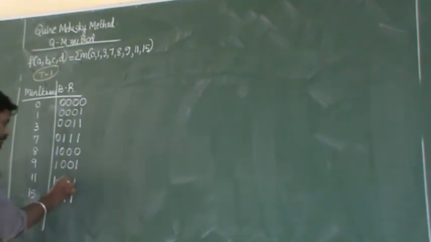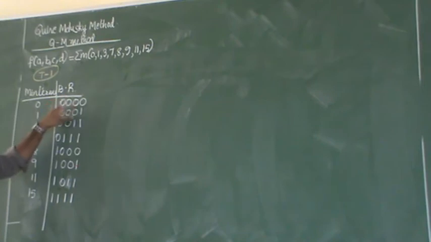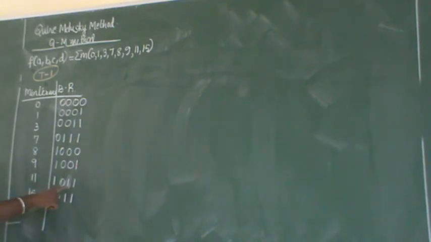See, if you make a wrong representation, then your whole problem will go wrong. So this representation is very important. Be very careful. If you are not sure, please use a calculator to get the binary representation. So 8 plus 2 is 10, plus 1 it is 11. Okay, it is perfect. So this is table number 1.